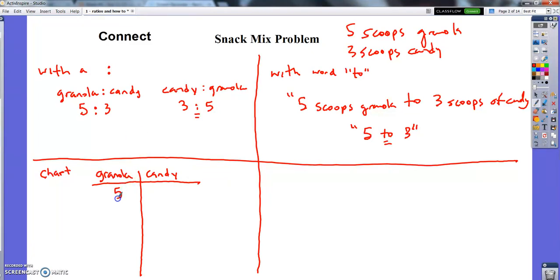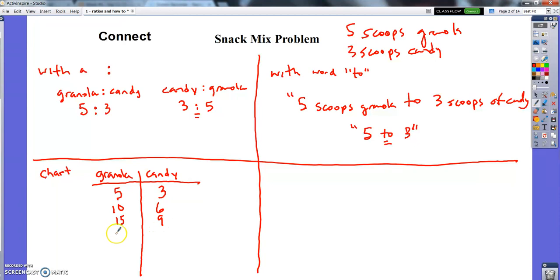So I'm going to say, like, I could use 5 scoops with 3 scoops. Or if he made 2 bowls full, he would have made 10 scoops of granola to 6 scoops of candy. If he made 3 bowls full, he made 15 scoops of granola to 9 scoops of candy.